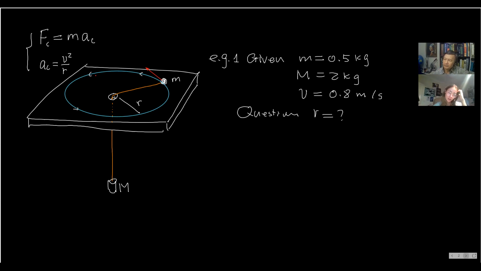I would put the velocity into this formula, the a_c equals v squared over r. Yes. And then would you substitute one into the other?